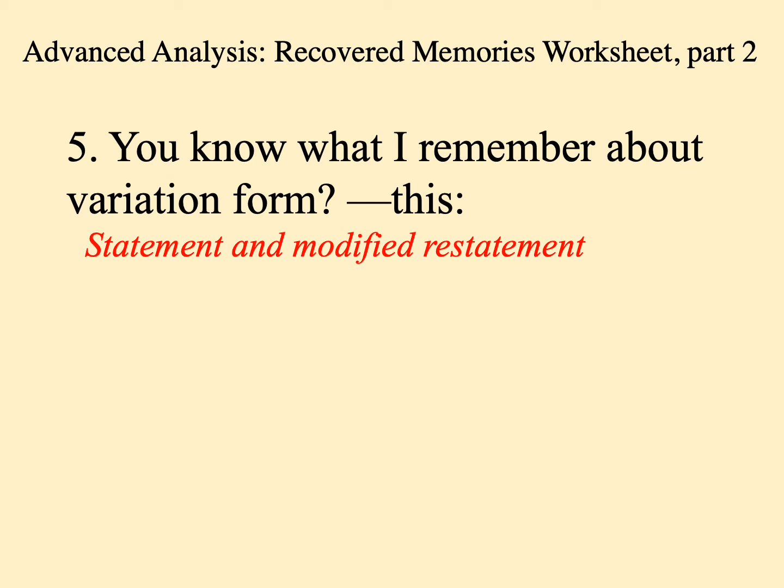And another name for a modified restatement is to call it a variation. So we hear something, and then we hear something restated in a different form, varied. That's how variation form works. And you can get a bunch of great music out of that idea. That's why it's been around for such a long time.